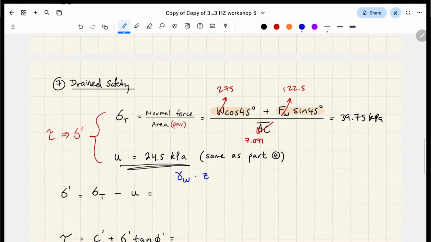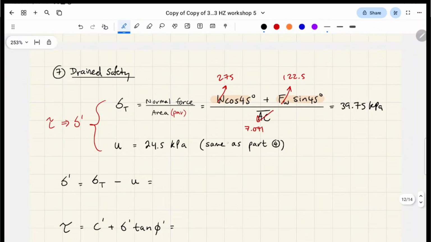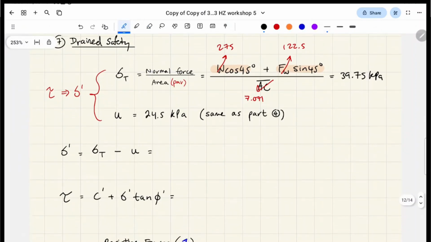And it's going to be the same as when we did the drain analysis when there wasn't water in the drain, right? So if you remember before, this number used to be 27.5, so it's increased a bit due to the hydrostatic pressure. We subtract this one from this one. We get that this is 15.25 kPa.